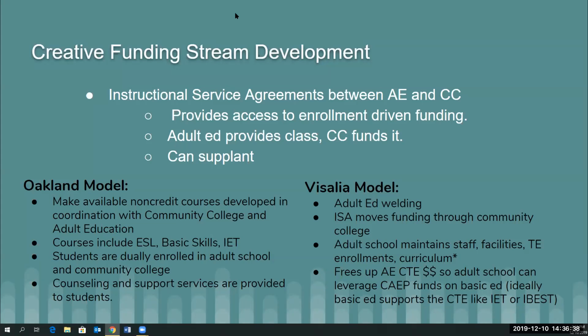In Oakland's model, our community college district and adult ed, we're just in the process of making available jointly the non-credit courses developed and provided in coordination so that our current students will have an opportunity to become dually enrolled in certain non-credit courses like ESL, basic skills, integrated education and training, along with also being provided counseling and support services, including placement, orientation, academic counseling, student educational plans, and career and life planning services.